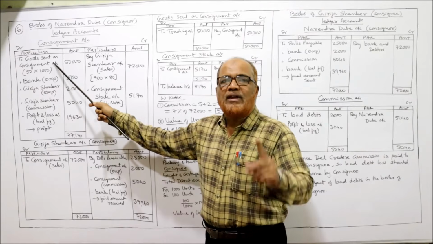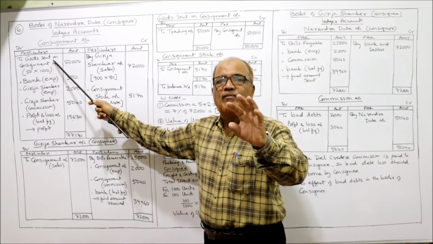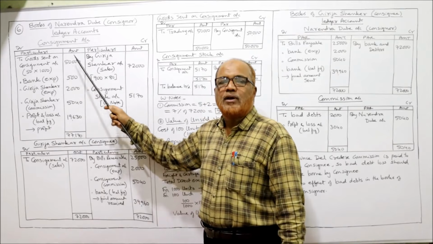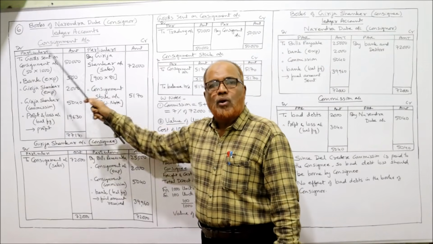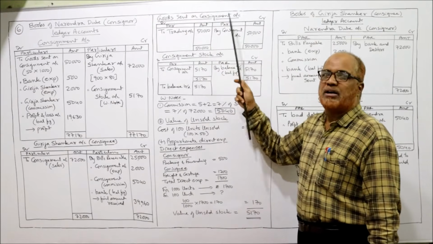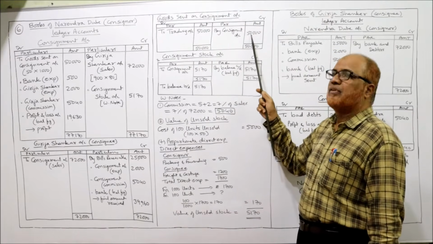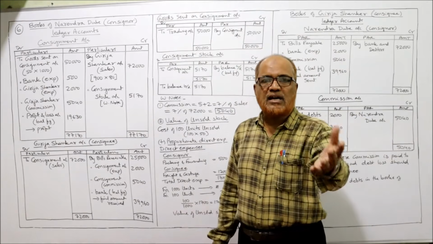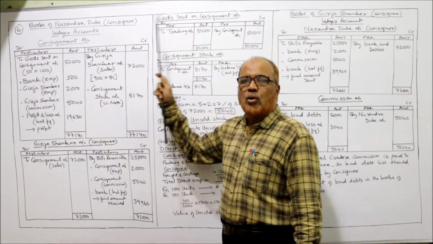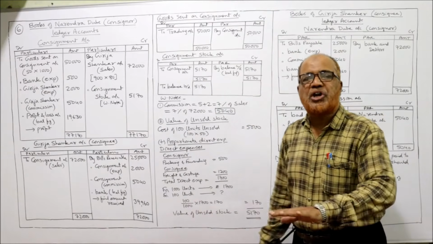Every problem we are repeating this. How many units? 1000. What is the cost of each unit? 50 rupees. So 50 into 1000, 50,000. Consignment account debited, goods sent on consignment account credited. Goods sent on consignment, credit side, by consignment 50,000. For every debit, there is a corresponding credit.